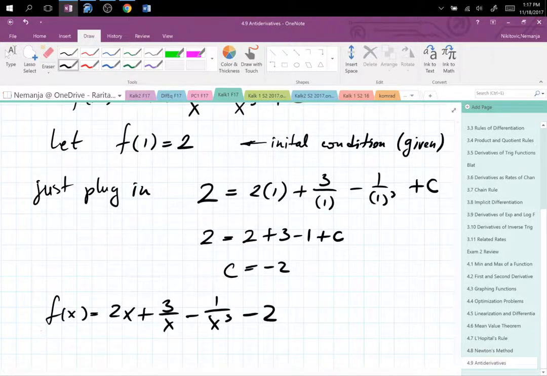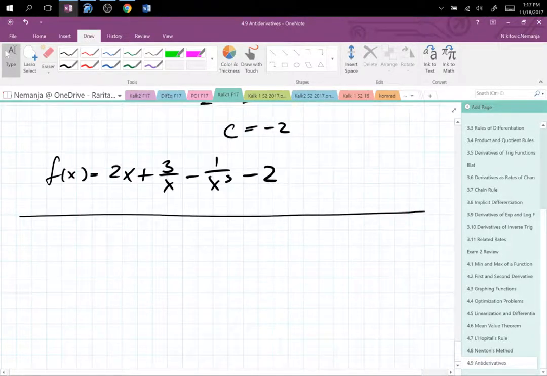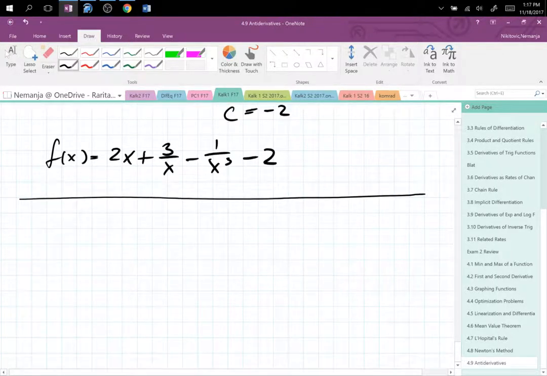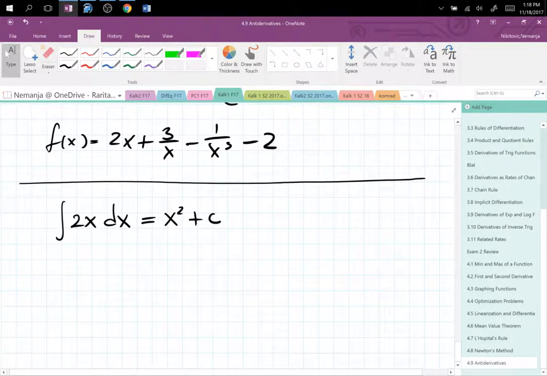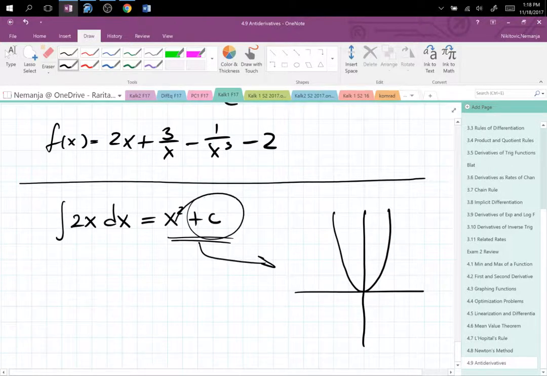And those of you who are looking for verification, visual, of what's happening: if I say that I want to integrate 2x dx and I get x squared plus c, what does the plus c do to this graph?